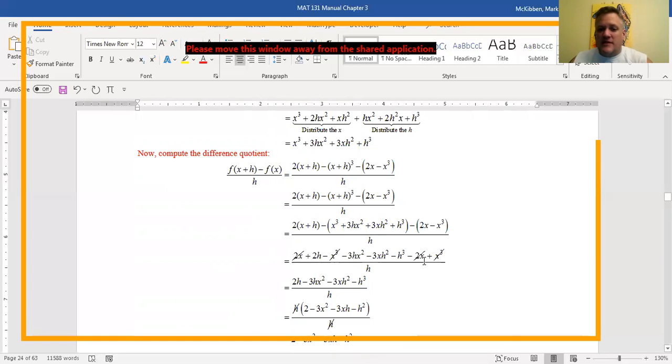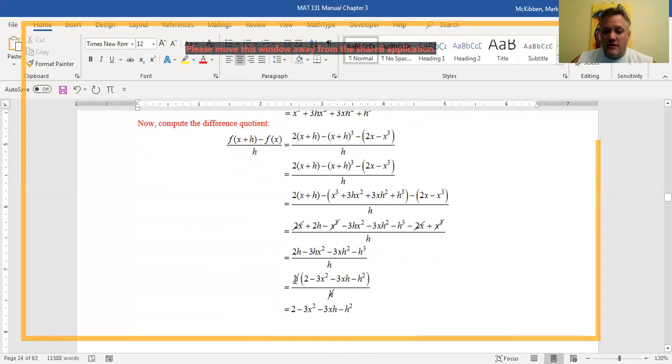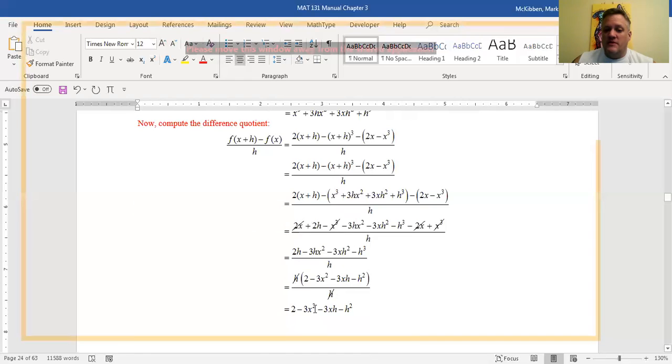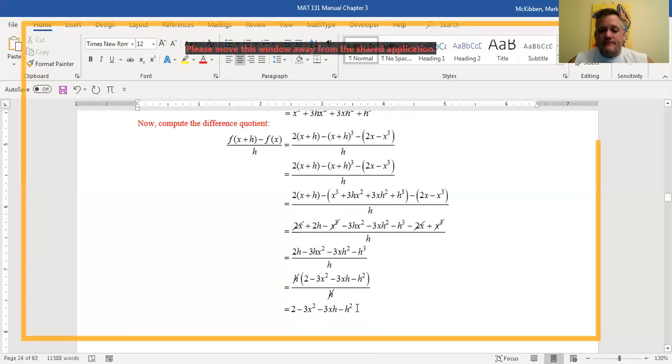That's what I did. The 2x and the x cubed go. What remains has to involve at least one h, and it does. So I yank that h out, and I get h times this expression. Those factors of h cancel, and what I'm left with is just what's inside. So this is the end result of computing that difference quotient.